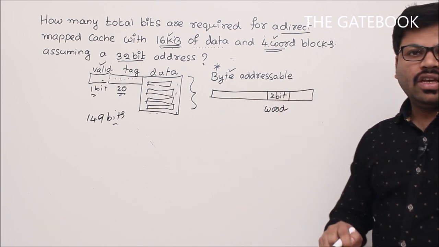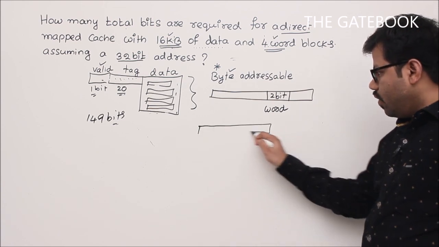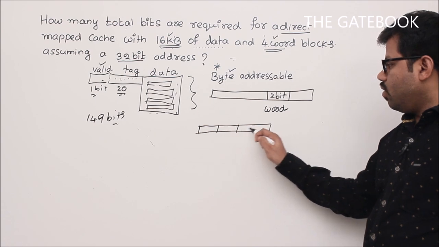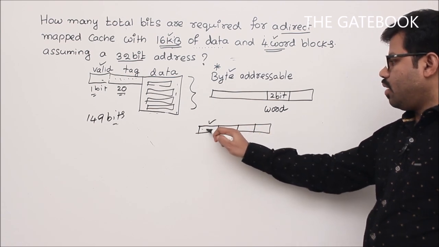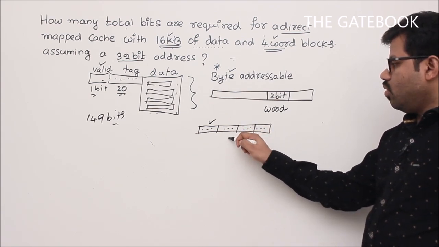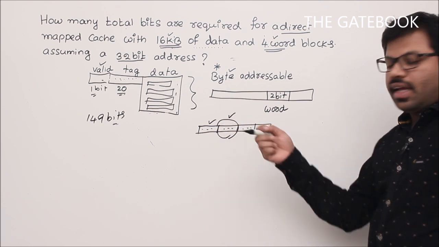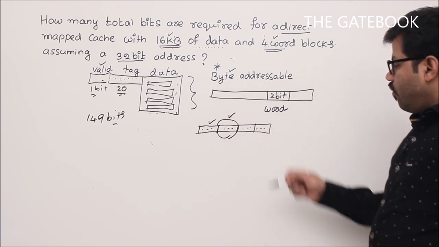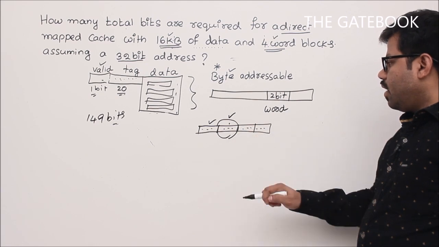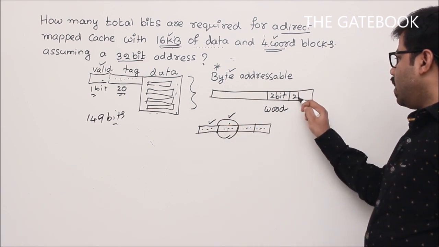Now I want 2 more bits. Why, sir? Once I identify the word, I should find the correct byte also. Since I can access any byte, and there are 4 bytes, 2 more bits are required.